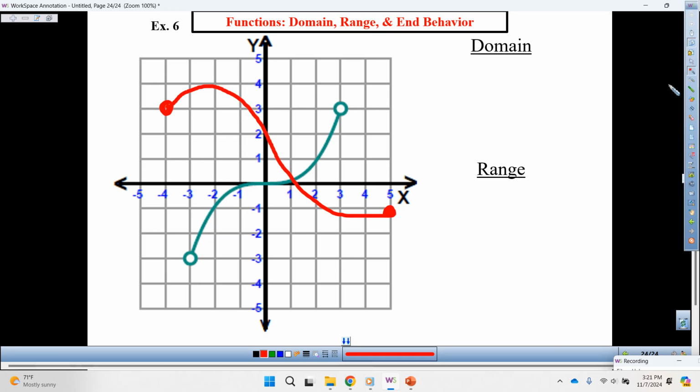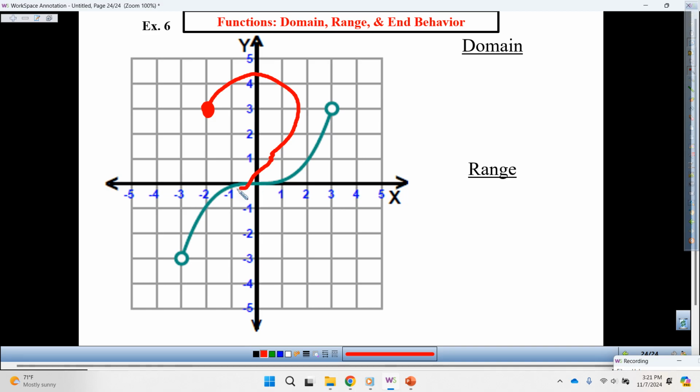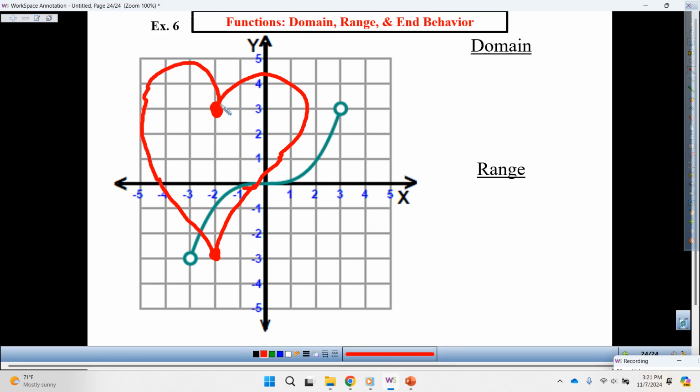Don't copy mine. No, don't copy it. As a matter of fact, I'm going to change it. How about them apples? All right, I'm going to start right here. And I'm going to do... find the domain and range.